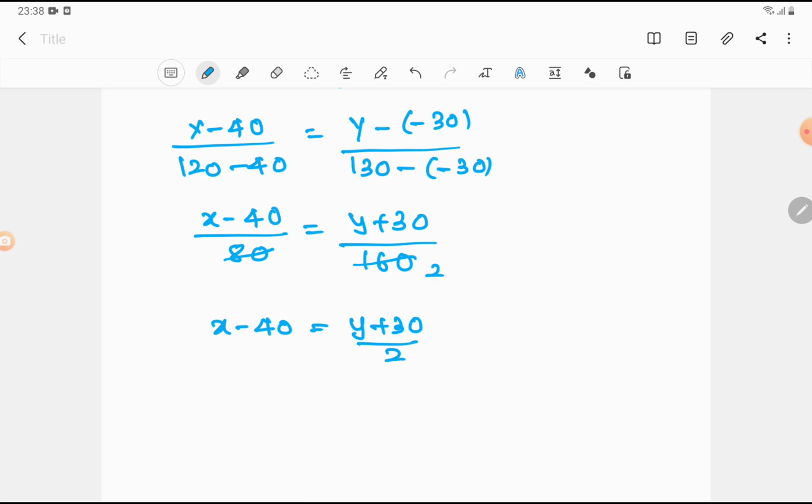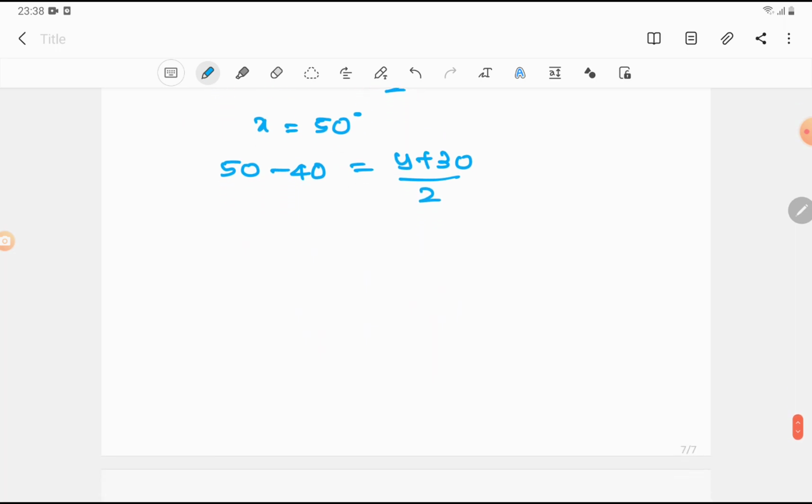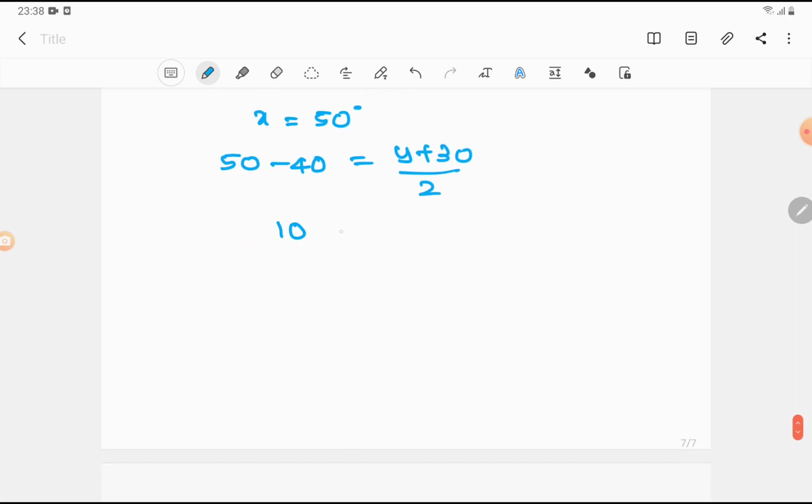Now in the question he is telling x reads 50. So substitute: 50 minus 40 is equal to (y plus 30) by 2. This is 10 is equal to (y plus 30) by 2.